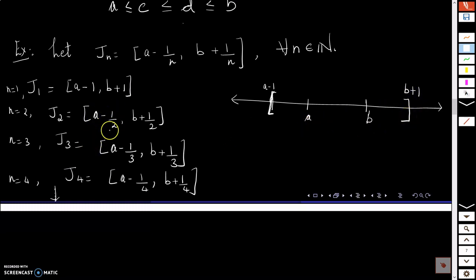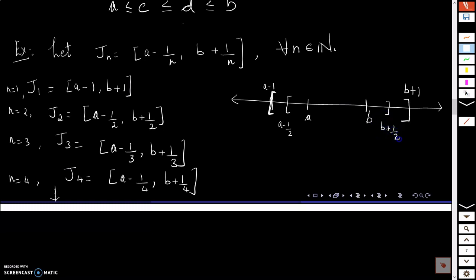Now I will mark J2, that is A minus half. A minus 1 is here and now I'm removing half, so that will be somewhere here. So this is A minus half, and B plus half will be somewhere here.